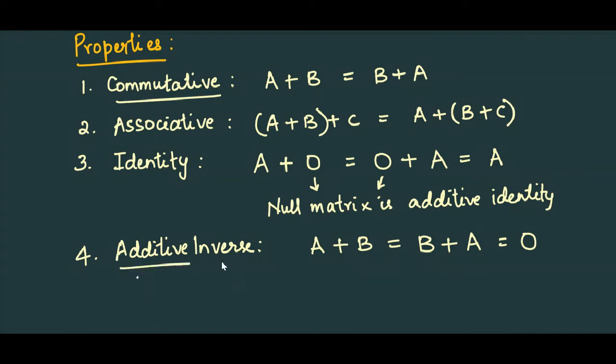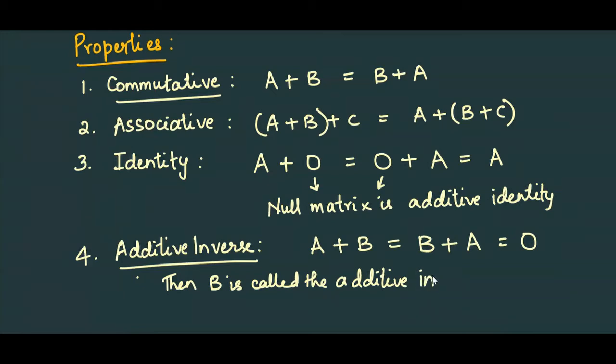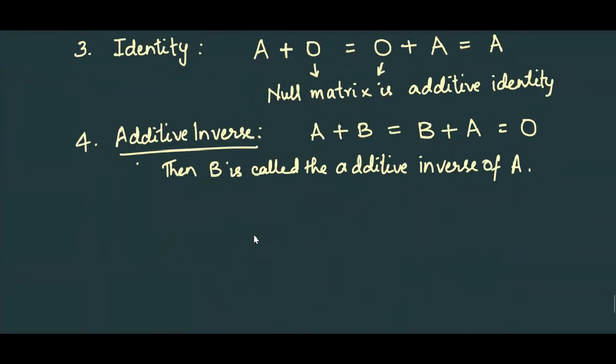Then B is called the additive inverse of A. So B is nothing but minus A. Multiply every element of A with a negative sign. And then of course the cancellation laws hold true.